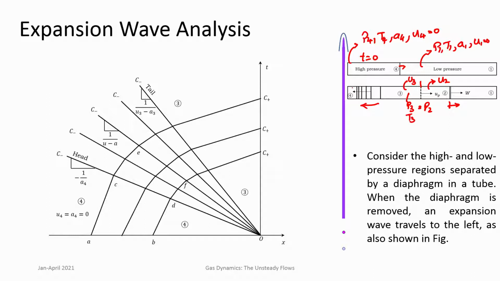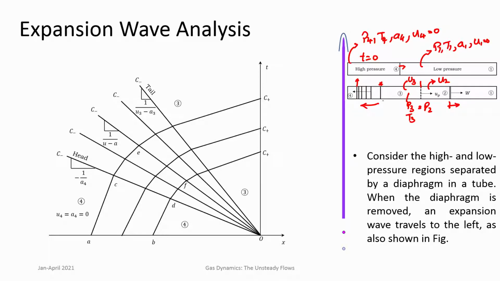Similarly region 4 is a uniform region which is quiescent, p4, T4, u4 is 0. Now this particular wave which travels first into region 4 is the head of the expansion wave, and the wave that travels last is the tail of the expansion wave.